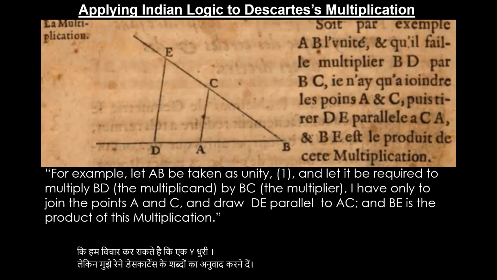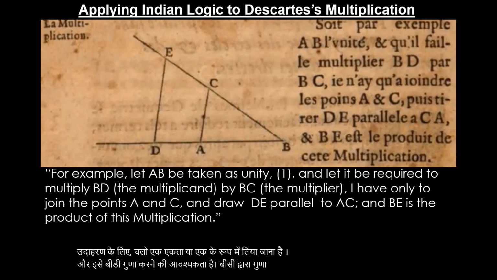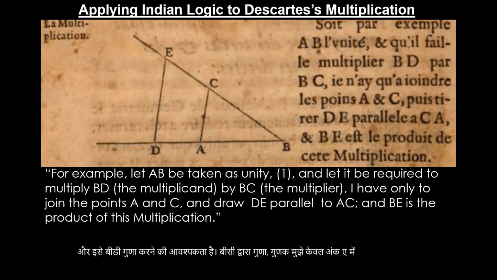For example, let AB be taken as unity, or 1, and let it be required to multiply BD, the multiplicand, by BC, the multiplier. I have only to join the points A and C and draw DE parallel to AC, and BE is the product of this multiplication.